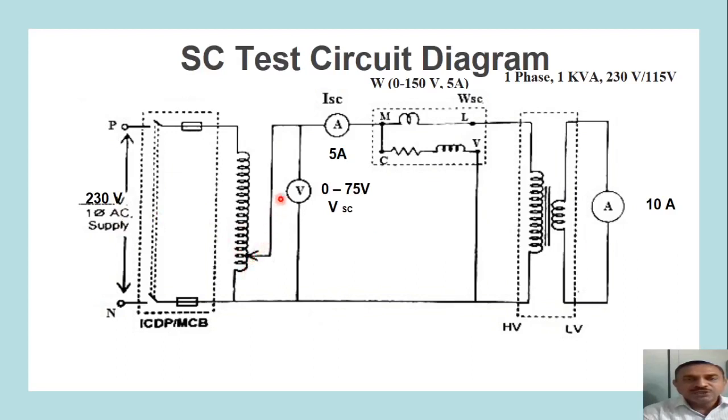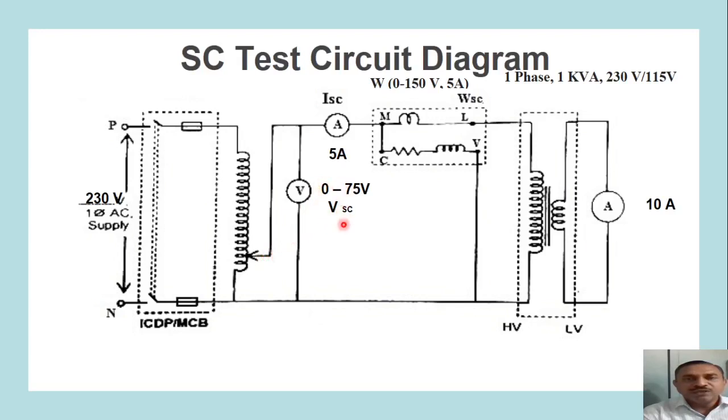You have to increase the voltage slowly till the ammeter reaches the rated current of this particular transformer under test.